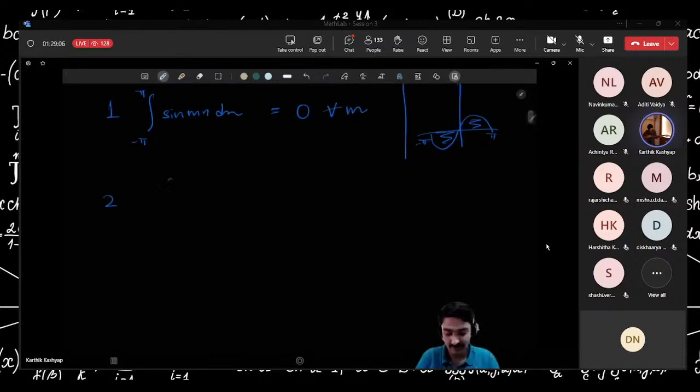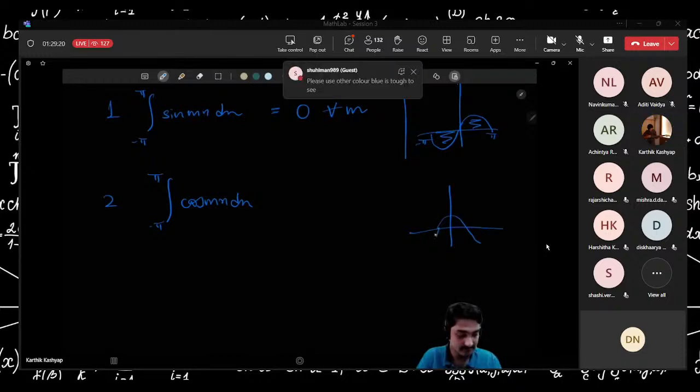So moving on, the second property, the integral from minus pi to pi of cos mx dx this time. Again, similarly, if we plot it, this is how it comes out. Again, the area from minus pi to pi is 0 over here.